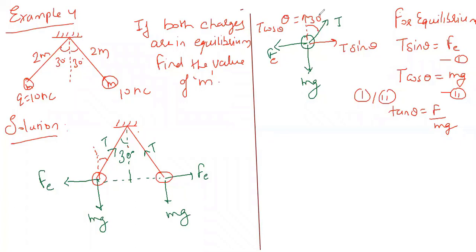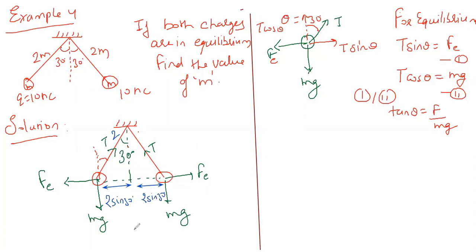Now let us try to understand the distances. This value of this distance is 2 meter, and this angle is 30. So I can easily write this distance and this distance will be equal to 2 sine 30, and this also again will be equal to 2 sine 30.